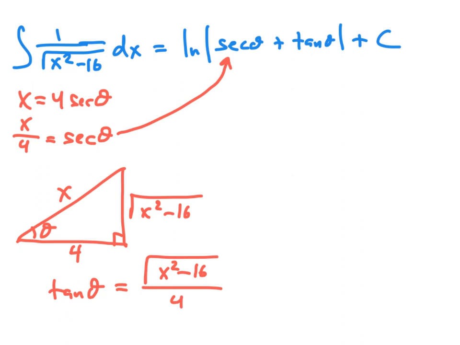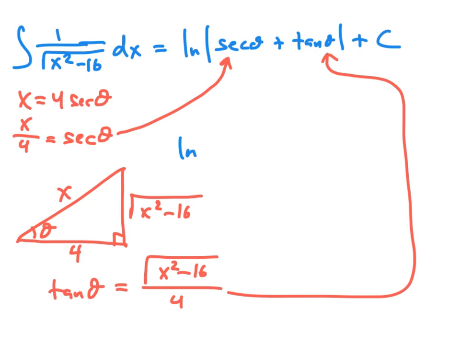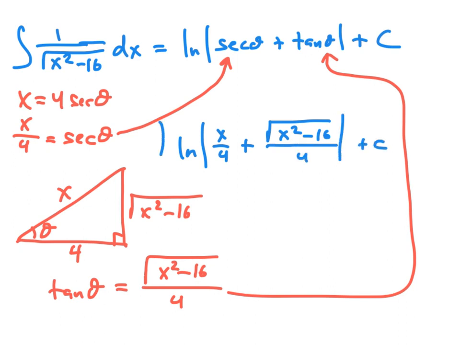So we get the square root of x squared minus 16 all over 4, and this will get substituted in for the tangent of theta. And so our value of our integral here will be the natural log of the absolute value of x over 4, that's the secant of theta, plus the square root of x squared minus 16 all over 4, quantity plus c.